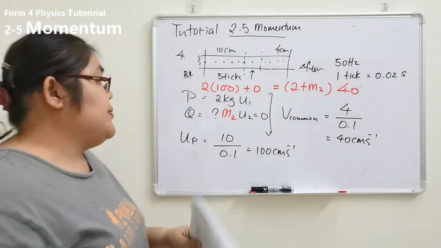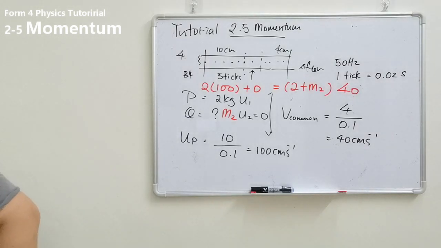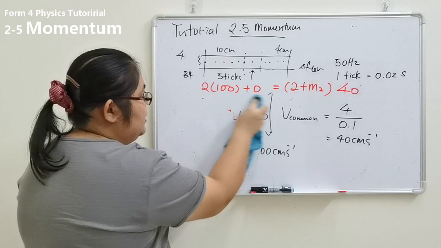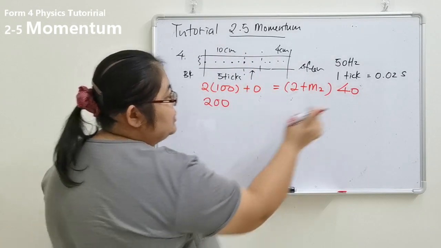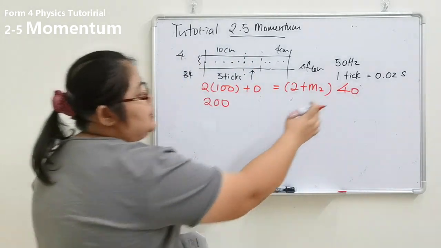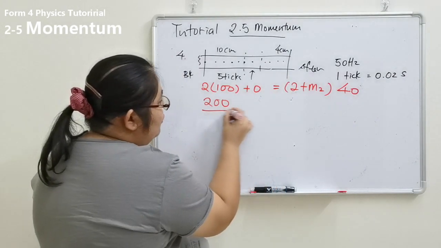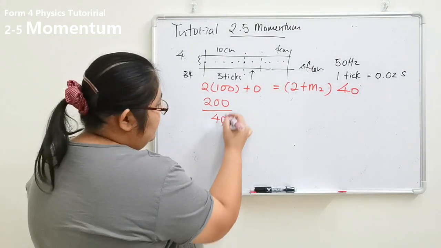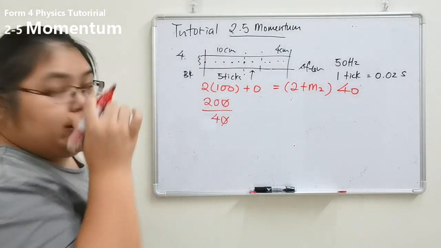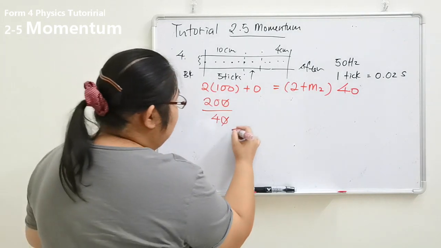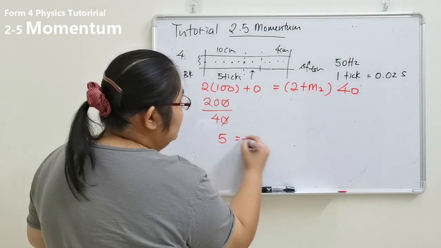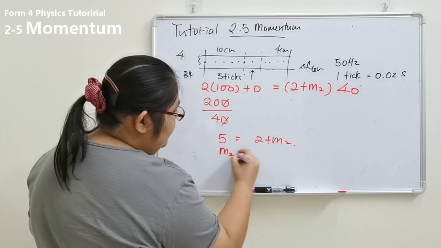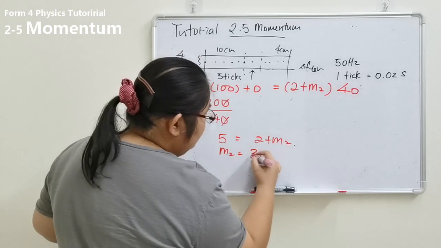So this all is information. Then I need to do the calculation. 200 is over 40 because this one is multiplied. After over 40 we get 1.20 divided by 4 we get 5. So 5 equals 2 plus M2. So the M2 is 5 minus 2, that's 3.